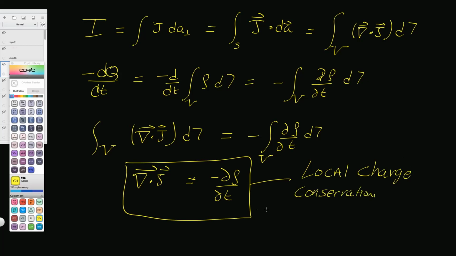But a lot of people just call it the continuity equation. Okay, that's going to become important later. More later.